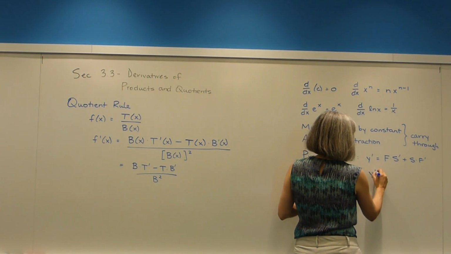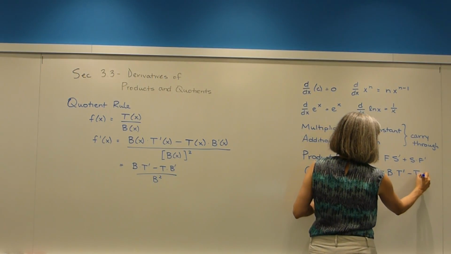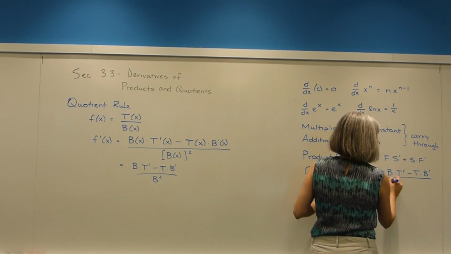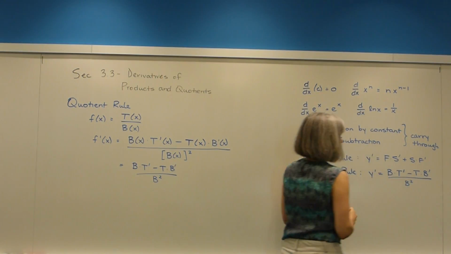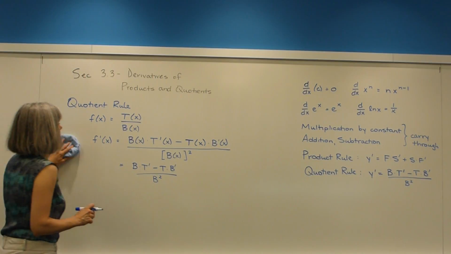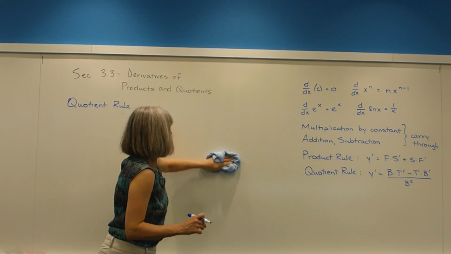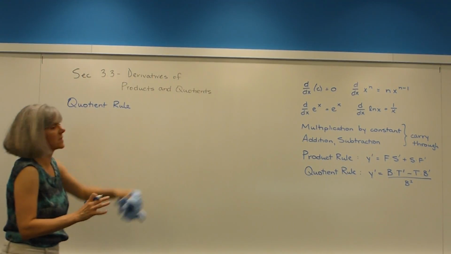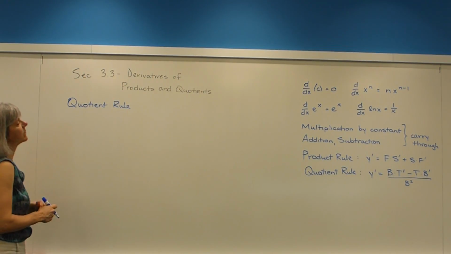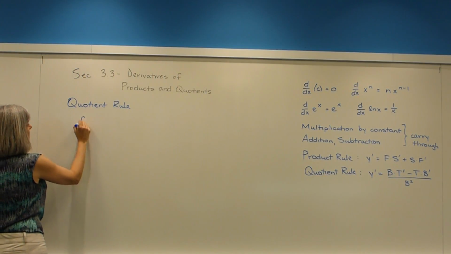All right, so this would be bottom times derivative of the top minus top times derivative of the bottom, all over the bottom squared. Again, there's going to be a lot of algebra, a lot of manipulation, so just take your time, go through it carefully. With the quotient rule, sometimes we end up with interesting things that combine, so just look for that. So here is a function we'll do next.